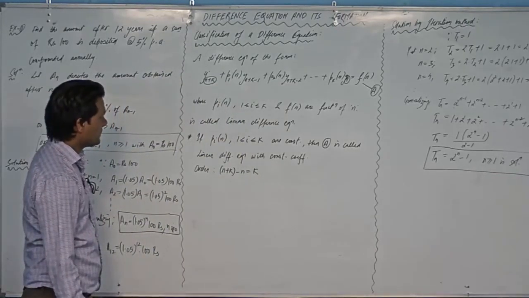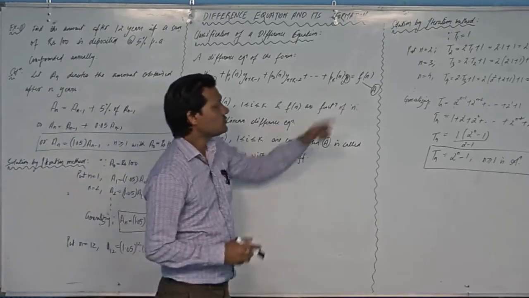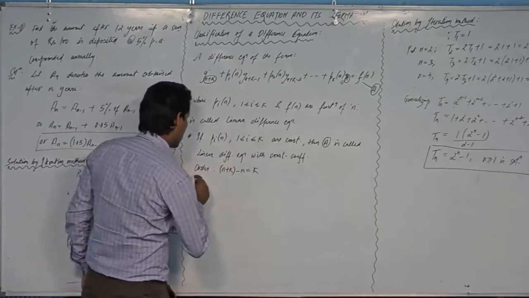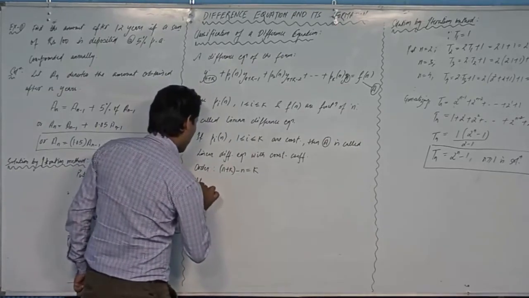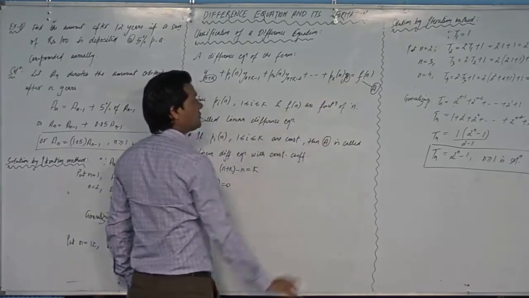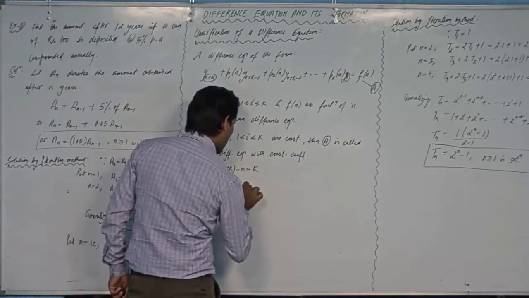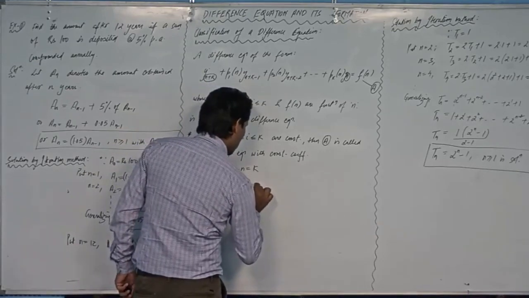Again the same theory: if f(n) is equal to 0, the function appearing on the right hand side is 0, then we call it homogeneous. Then this difference equation A is called a homogeneous difference equation.